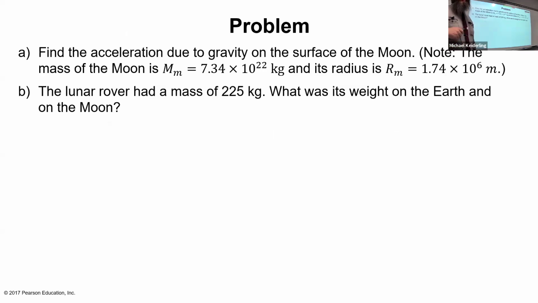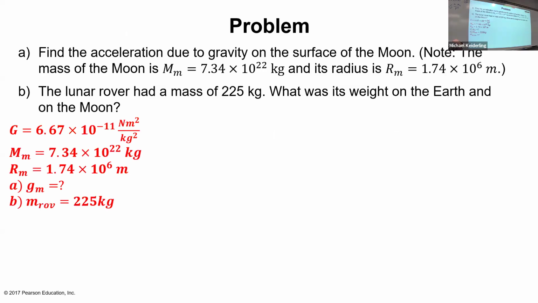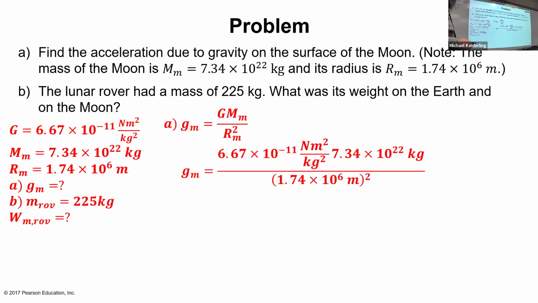Here's an example of finding the acceleration due to gravity on the surface of the moon. The g on the moon is G times the mass of the moon over the radius of the moon squared, which gives you 1.62 meters per second squared, about a sixth of g on Earth.